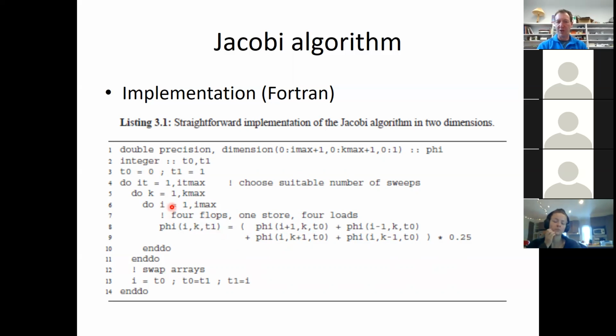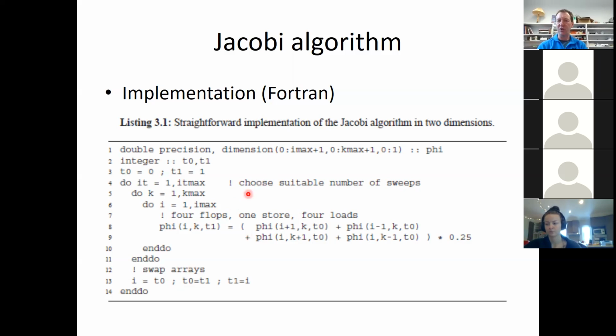To do the swap between what was updated and what was the original one, we just swap these numbers. So this is a very straightforward implementation of these updates.